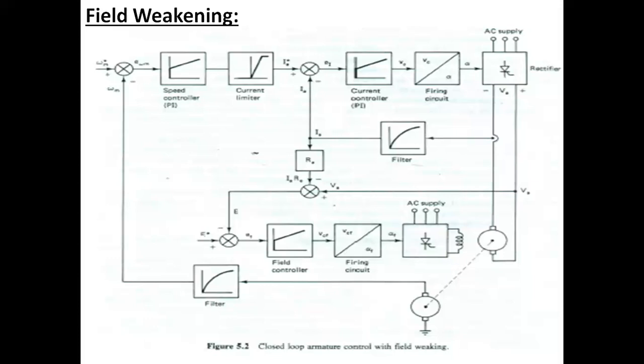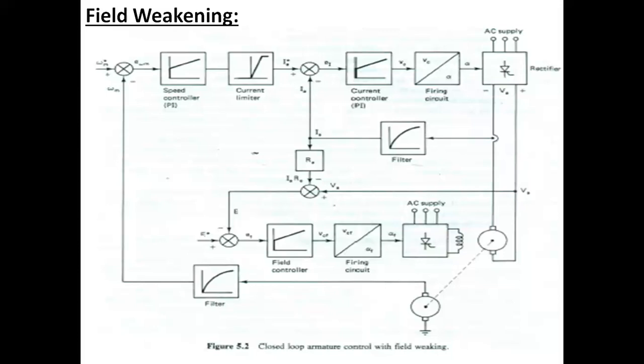If you want to use a half controlled rectifier, you can easily use it. But there are some restrictions, because there is a need for reversal of the voltage. A fully controlled rectifier, which we are using here, can reduce the field current much faster than the half controlled rectifier. That's why we are using only a fully controlled rectifier.